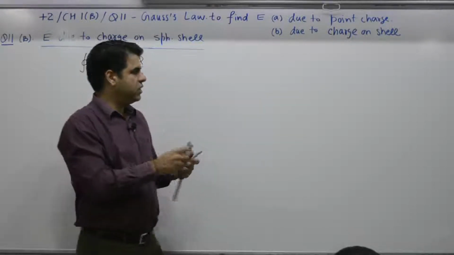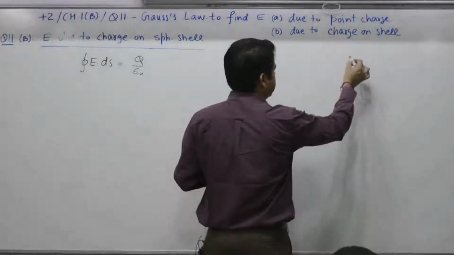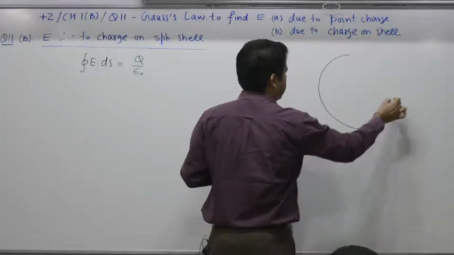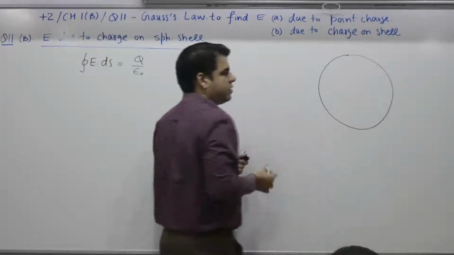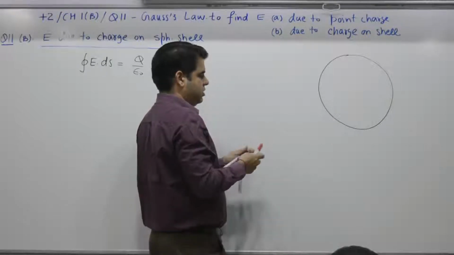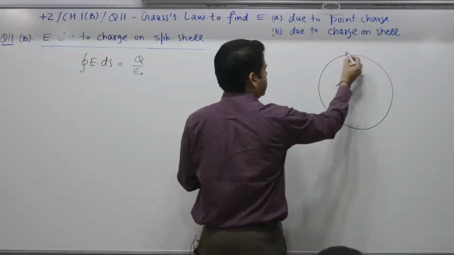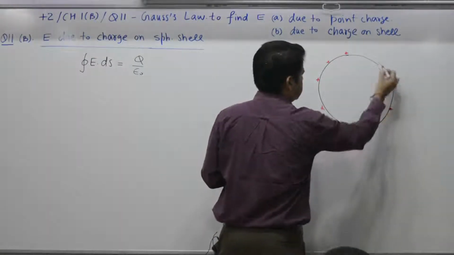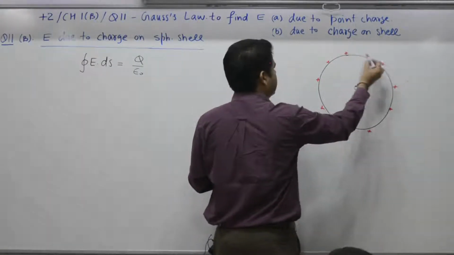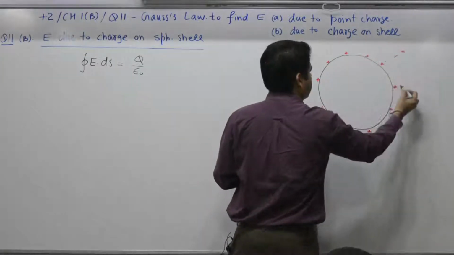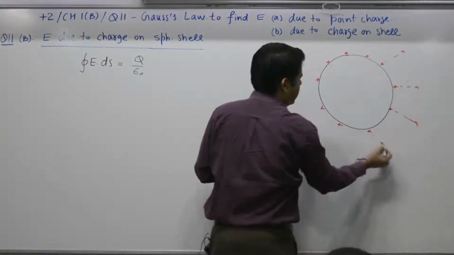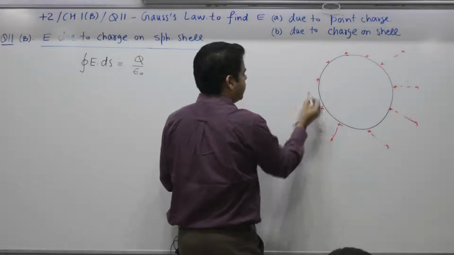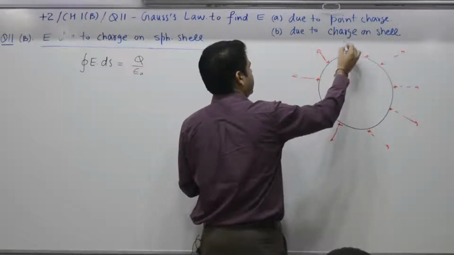If you paint it, it becomes a conductor. If you place some charge, this charge will reside on the surface and the lines will move radially outward to infinity.